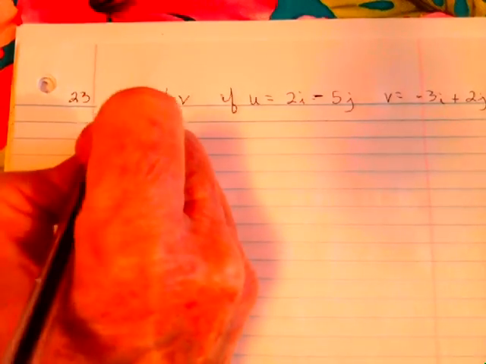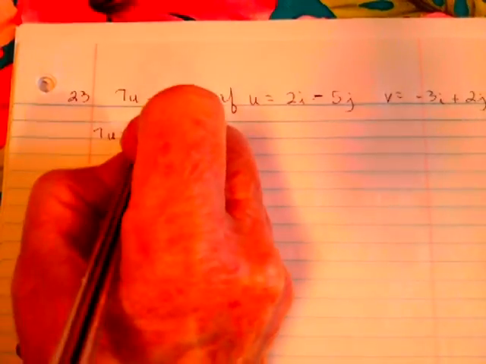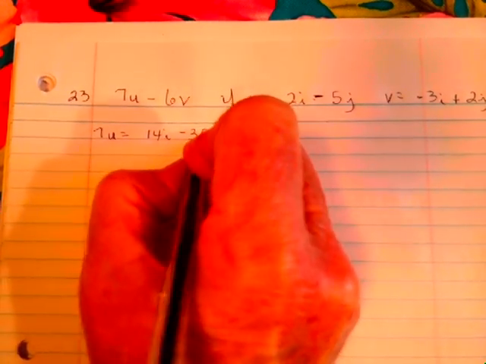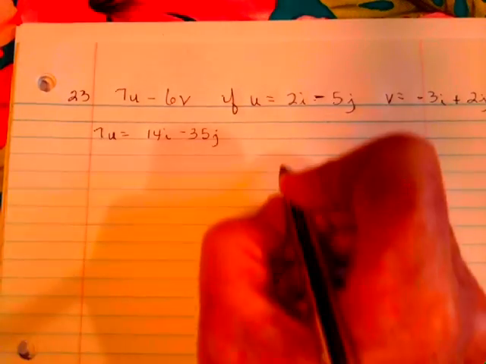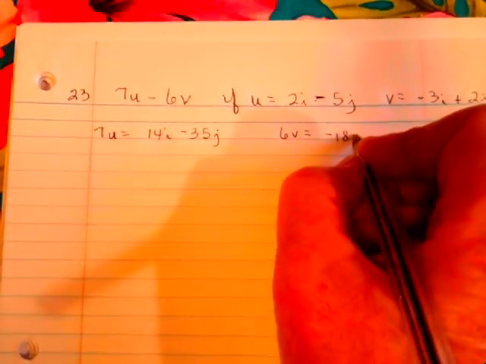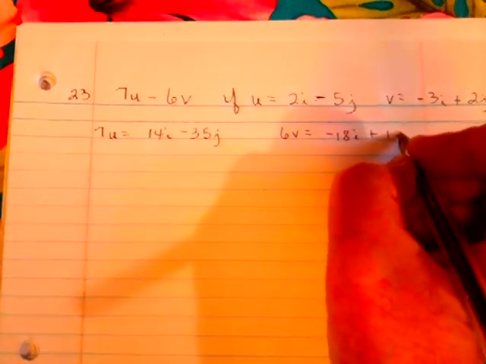So 7u equals 14i minus 35j. 6v equals -18i plus 12j.